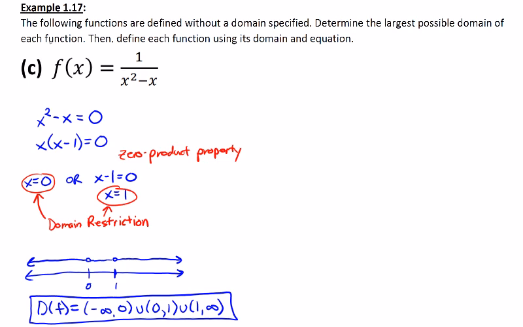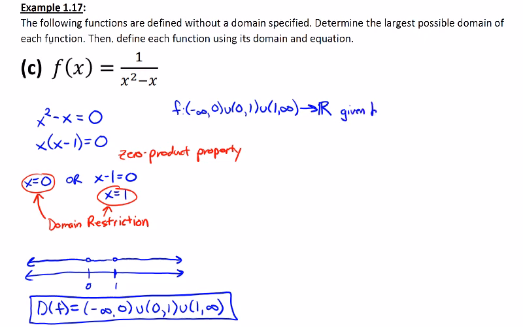I'm going to go on and take a look at writing the function definition. The name of this function is f. The domain I will just rewrite. And every element from the domain has to map to a real number.